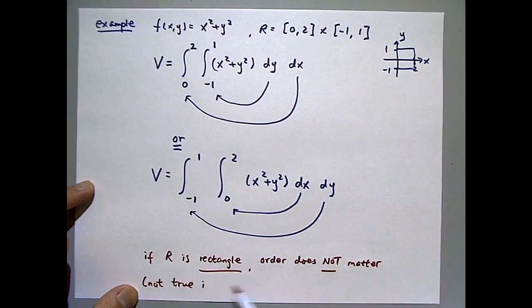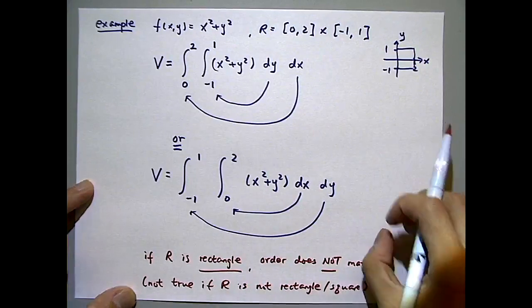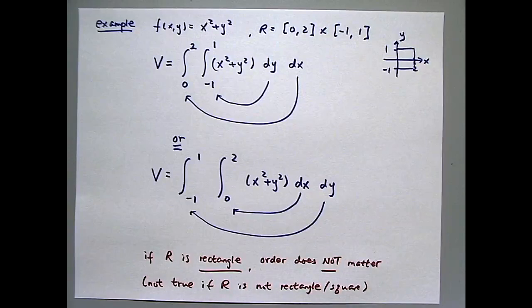This is not true in general if R is not a rectangle or square. If R is a circle, for example, then we can't arbitrarily interchange the order of integration.